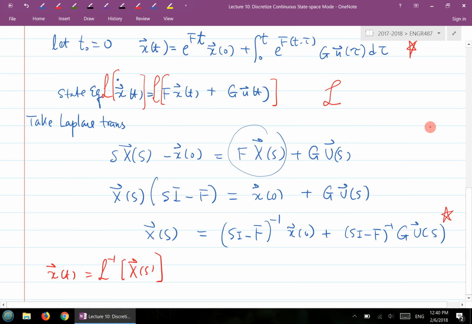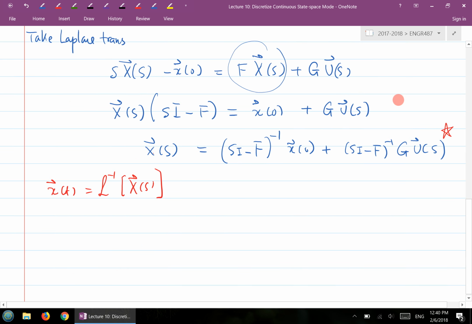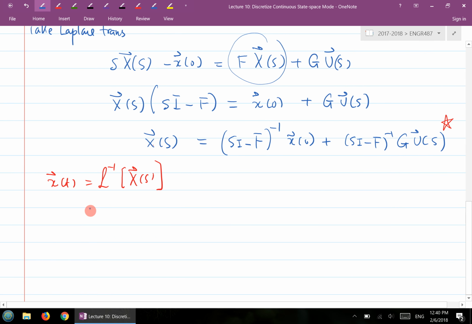So if you compare these two terms, just the first term here, the first term has the same x of naught. So which basically means what? If you take the inverse Laplace transform of this coefficient, that should give me what? Give me the e to the power Ft, right? Yeah. So this is the result I'm looking for.